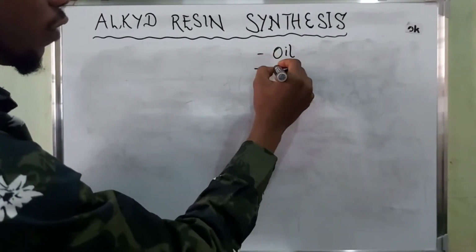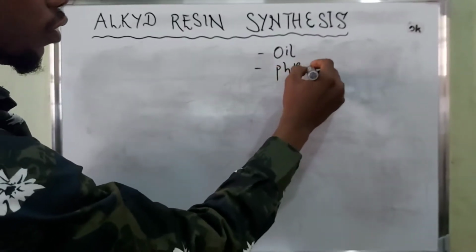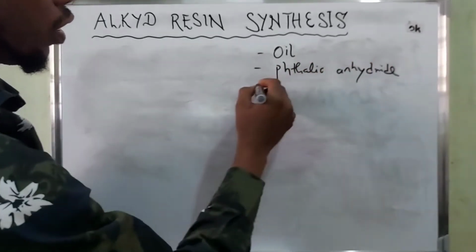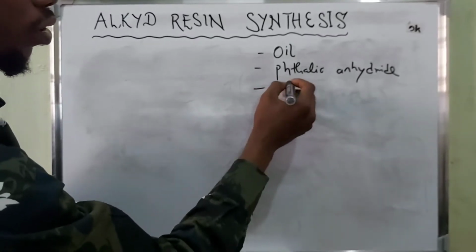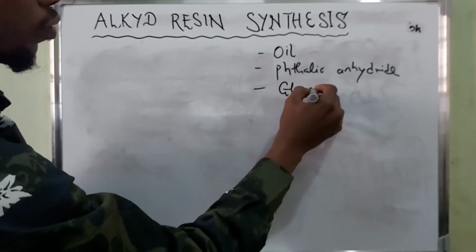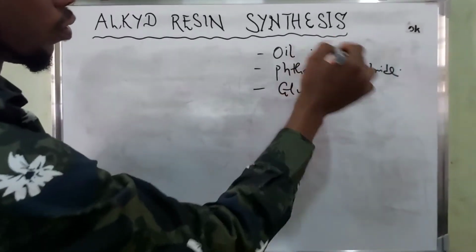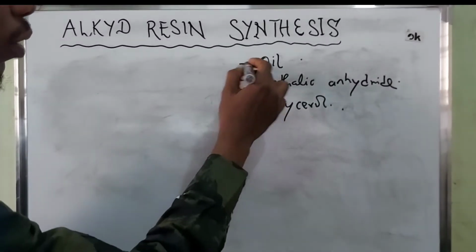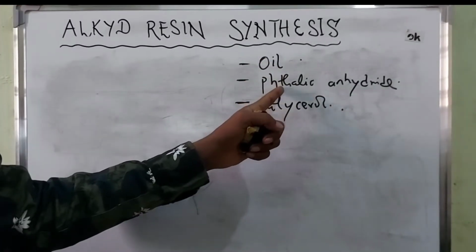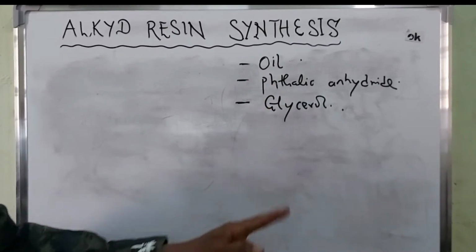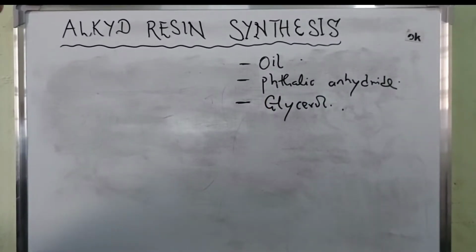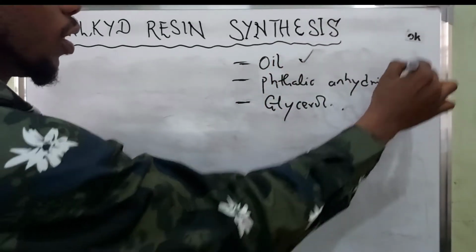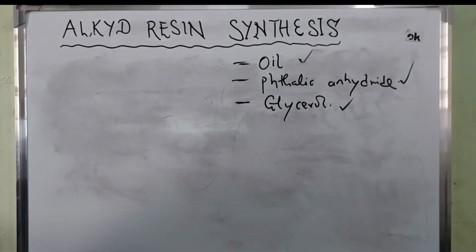We would also need phthalic anhydride, and glycerol, which is our alcohol. Our phthalic anhydride is basically benzene 1,2-dicarboxylic acid. Then glycerol is propan-1,2,3-triol. So we need a triol.